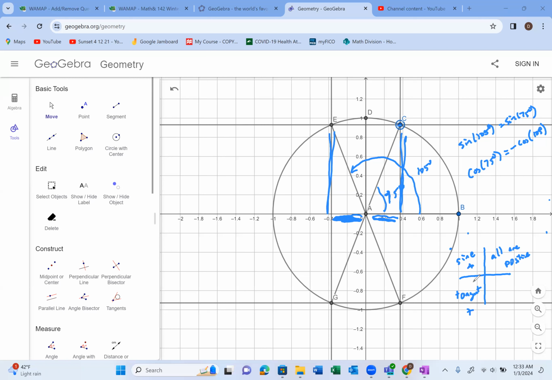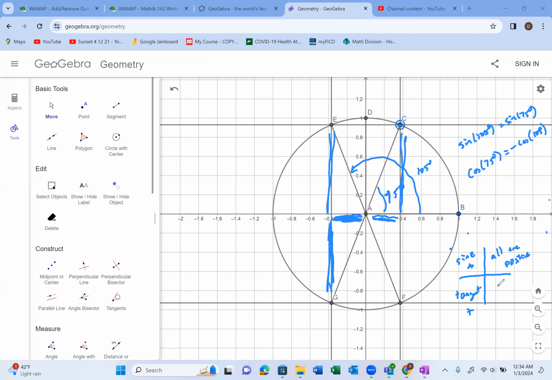Both the x coordinate and the y coordinate are going to be negative values, but if you divide a negative by a negative, you end up with a positive. So the tangent would end up positive there.